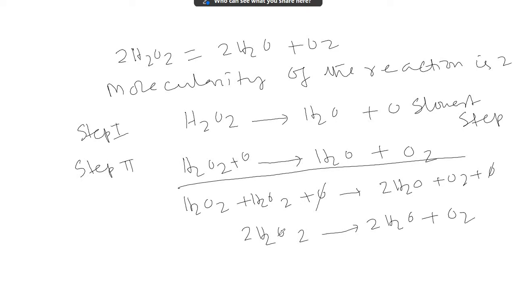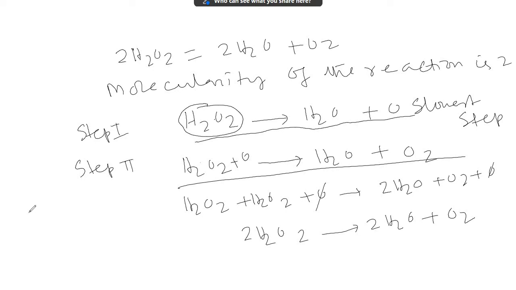If they ask you what will be the order of the reaction, look at here, underlining step 1. In step 1, how many molecules of H2O2 take part? 1 molecule. Though molecularity is 2, the order of the reaction will be 1. The decomposition of H2O2 to H2O and O2 is a first order reaction.